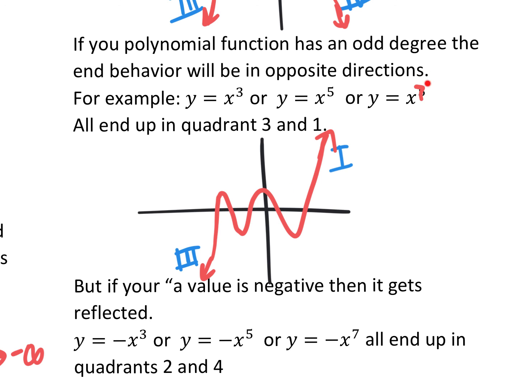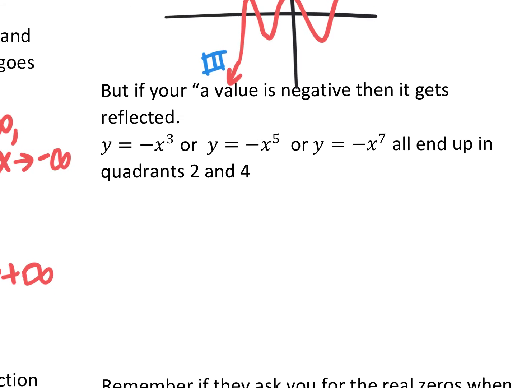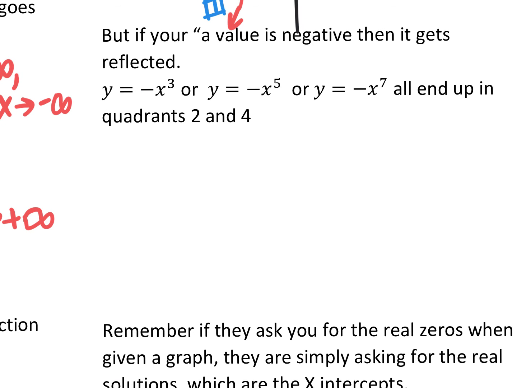Obviously, this is going to be a pretty high degree with a bunch of other stuff, like maybe y equals x to the 7th plus x to the 6th, take away x to the 5th, minus 4x to the 4th. I don't know, right? But other things will happen in the middle, but the end behavior will be the same. Now, if you were to reflect with the negative as your leading coefficient on any odd degree function, where would you end up?